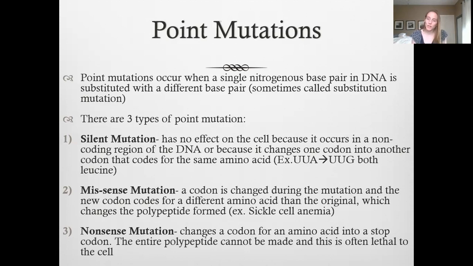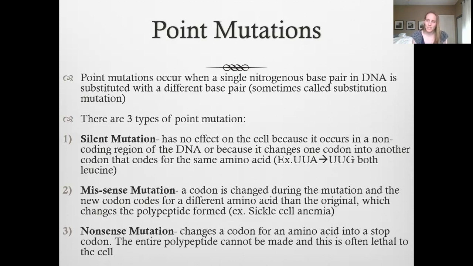You're still coding for an amino acid, but it's a different amino acid, which means you will have a slightly different protein. So for example, sickle cell anemia is an example of a missense mutation. That's when people still have functioning red blood cells, but their red blood cells are a different shape than normal and they don't function as well. They get kind of clotty and they don't hold oxygen as well.